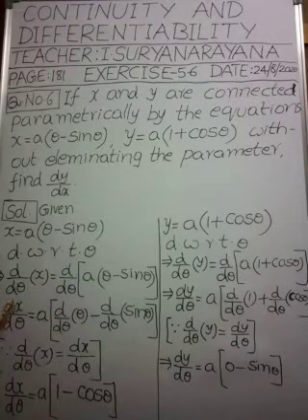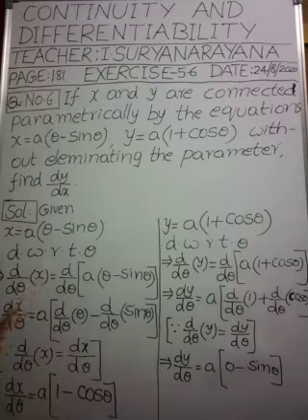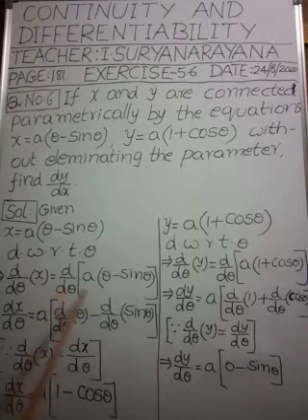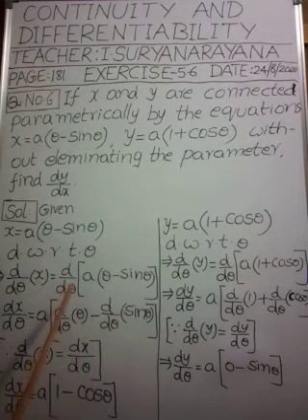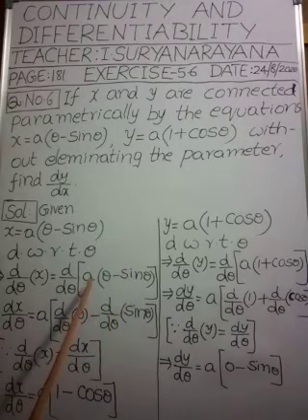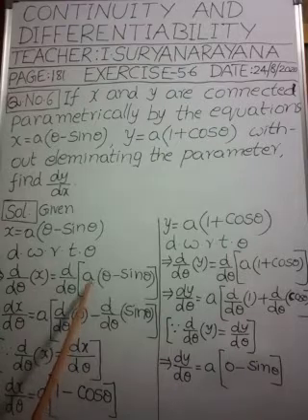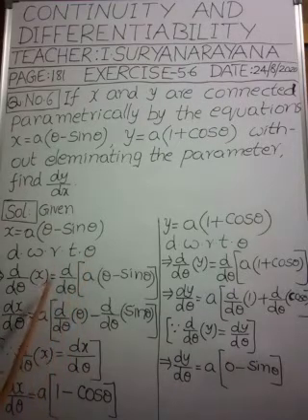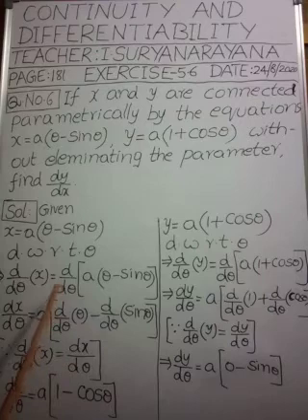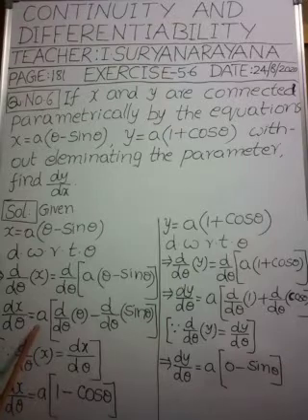This implies d by d theta of x, what will you get here? dx by d theta. D by d theta of x is equal to dx by d theta is equal to, come to the RHS part. If you observe this function, a is the numerical coefficient, an arbitrary constant. So we can write it outside, before the differential operator. Understood this point, my children? So I wrote this a outside.